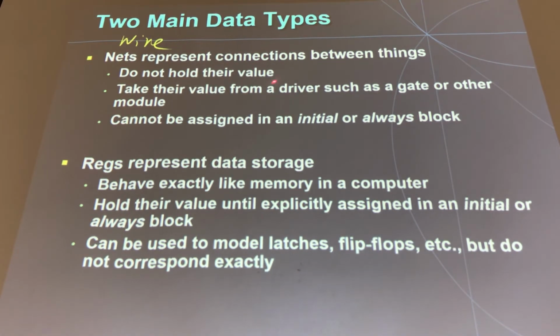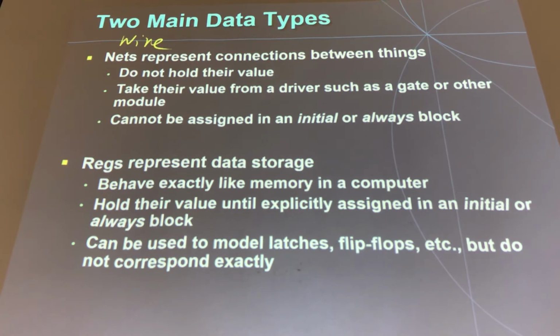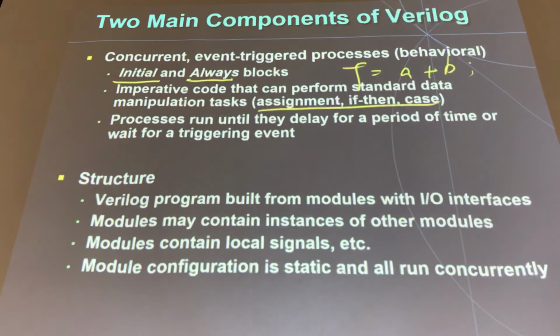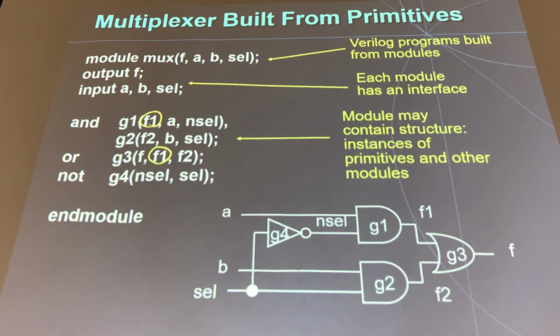They take their value from a driver, such as a gate or other module. The signal value comes from the output of a logic gate or some module, right? Just like I say, the n-cell is coming from the output of the inverter gate.